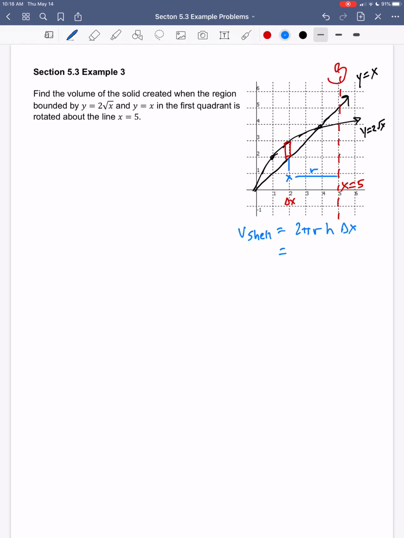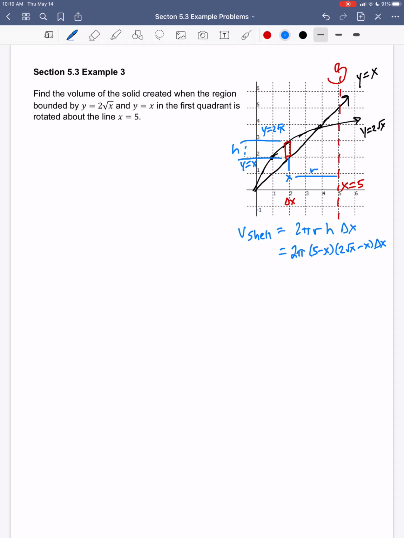So my radius is 5 minus x. The height is the height of that rectangle, and the top is 2 square root of x, and the bottom is just x. So 2 square root of x minus x, delta x.